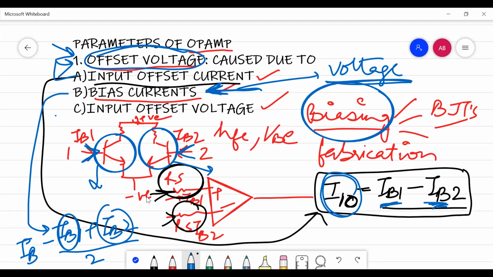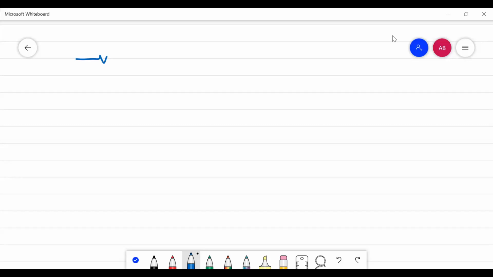So now let's discuss your input offset voltage. So as I just discussed, let's take a numerical example of this bias offset voltage. So let's say this IB is of the order of 10 nanoamperes and the value of this RS is 1 mega ohms.